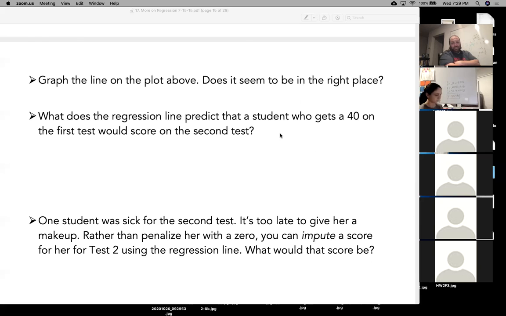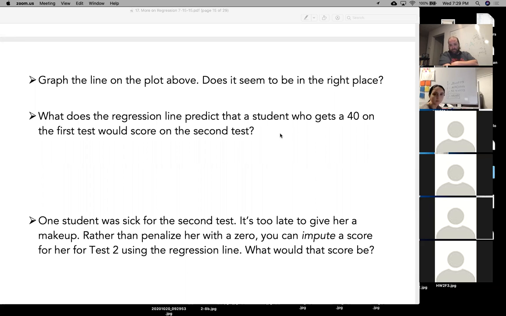Now, one student was sick for the second test. It's too late to give her a makeup. Rather than penalize her with a 0, you can impute a score for her for test 2 using the regression line. What would that score be? In other words, if she follows the pattern like the rest of the class does, then you should give her a 43.43 because that is the predicted score that she would have gotten.